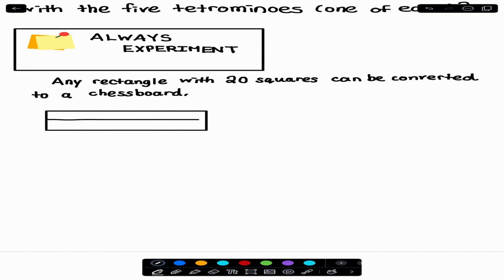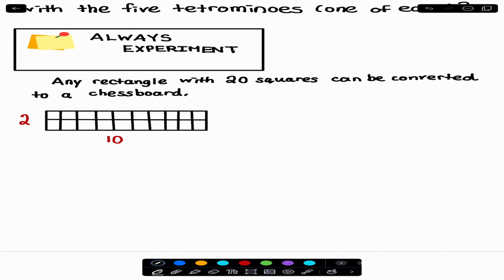Say I have this sort of long rectangle. It doesn't have to be this kind of rectangle, but in this specific example that I'm showing, I've chosen a 2x10 rectangle.